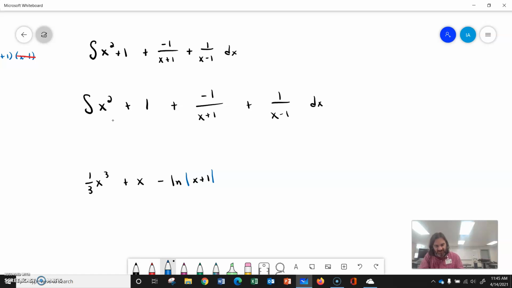And then plus the 1 over x minus 1 is another natural log integration, so 1 out front, plus natural log of x minus 1. And then plus C, since we don't have any endpoints.